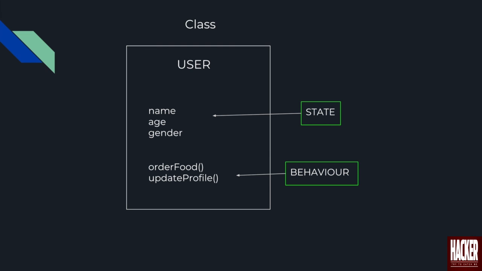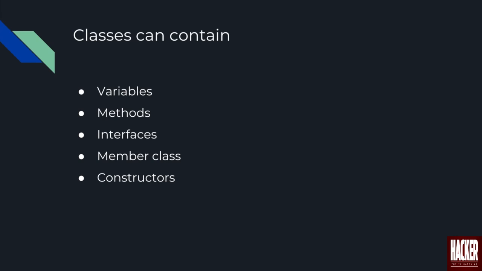These variables and methods are known as the members of the class. Classes can also contain interfaces, member classes and constructors as members apart from variables and methods. So in total, a class can have variables, methods, interfaces, member classes and constructors.